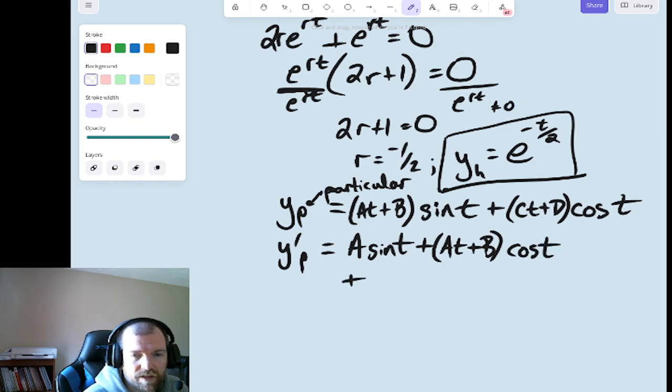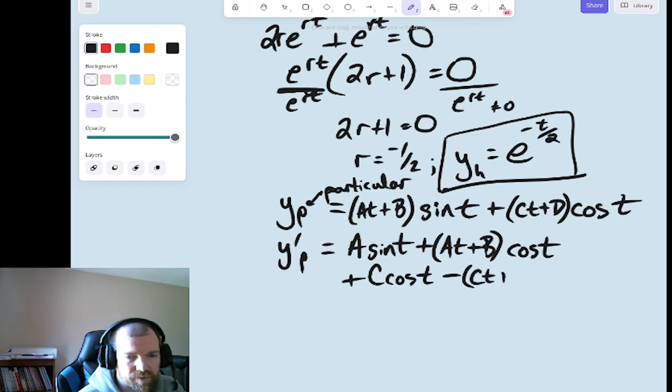Plus, if we take the derivative of the first part, this is going to be c cosine of t. And if we take the derivative of the cosine part, this is going to be a minus parentheses ct plus d sine of t.